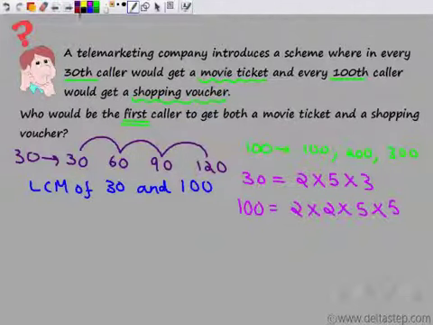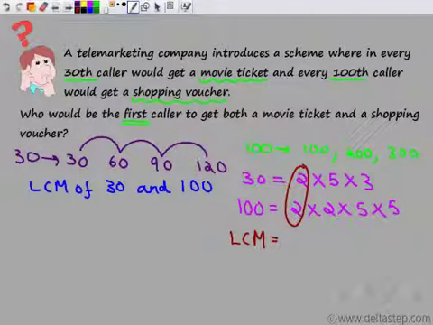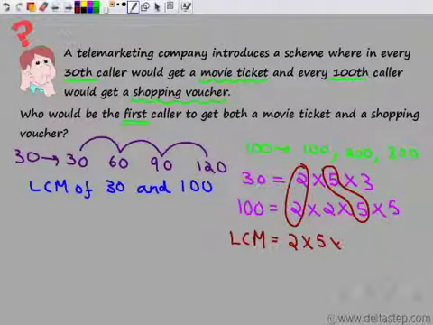Now, how do I find the LCM? For LCM, I write the common factors only once and multiply all the other numbers also. 2 is common. I'll write that only once. Then 5 is also common. So 2 into 5 into 3, into whatever is left also, I multiply that 2 into this 5.